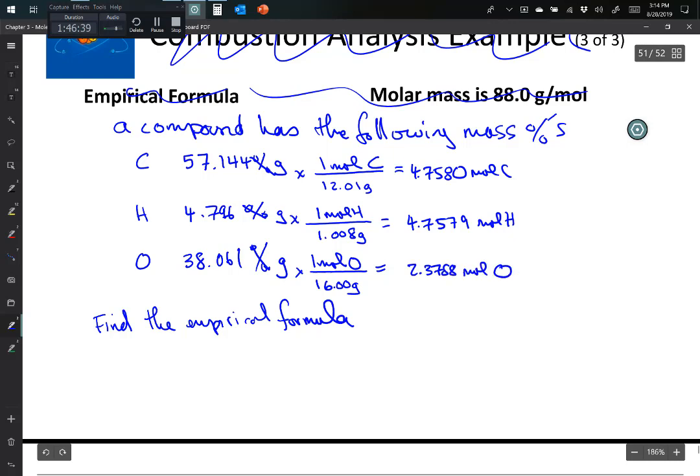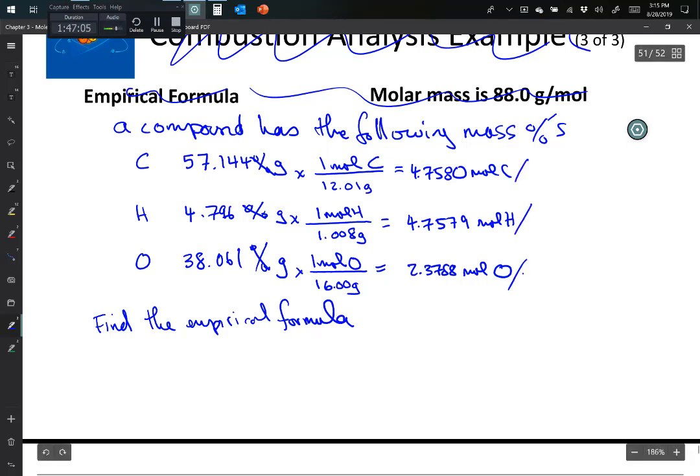Oh, you kind of see it already, right? You're looking at those ratios. I mean, we're going to divide it. But you guys see 4.7, 2.3. It's about a 2 to 1. Now you know what I go through when I grade papers. I'm like, what is that number? I don't know. So we're going to divide by the smallest.